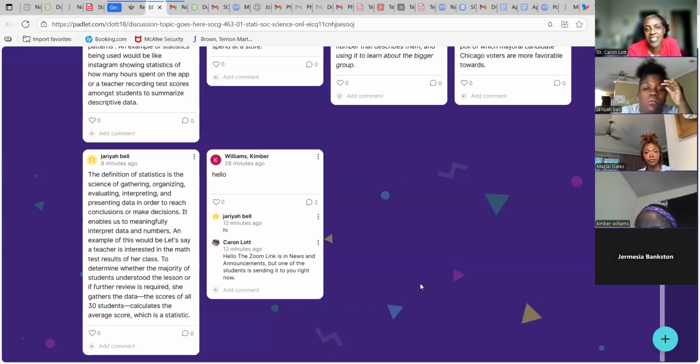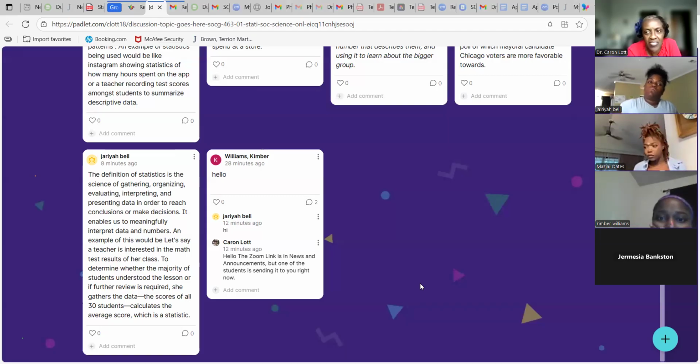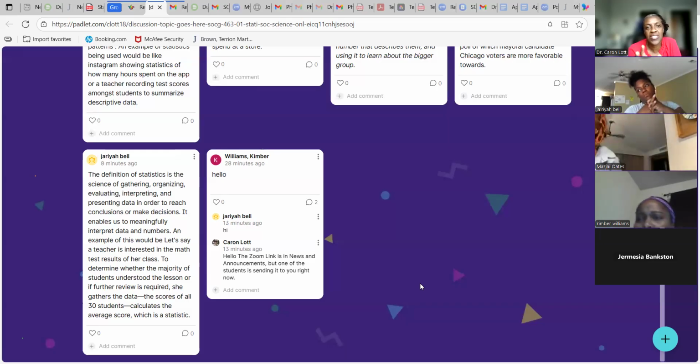Mm-hmm. So basically the sample is drawn from the population because you can't study everybody. It's a way to study a larger group in order to generalize.